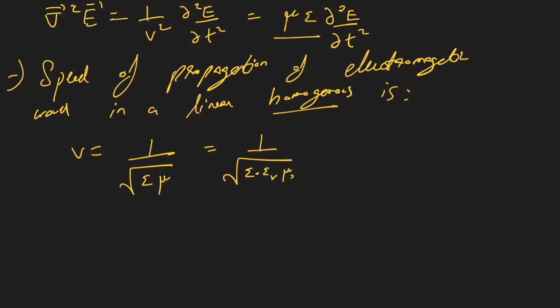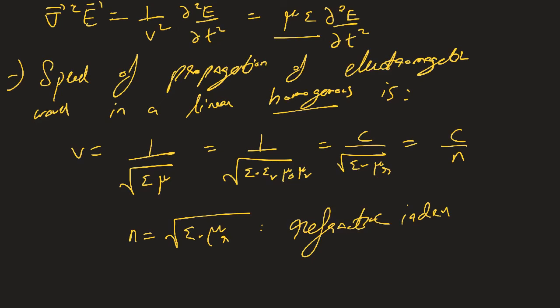Mu will become equal to mu naught mu r, and we know that 1 over square root of mu naught epsilon naught is just the speed of light in vacuum, so that's c over the square root of epsilon r mu r. So that becomes equal to c over n, where n is equal to the square root of epsilon r mu r, and n is what's called the refractive index.